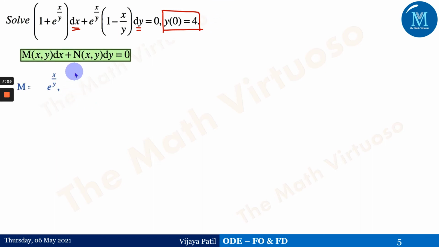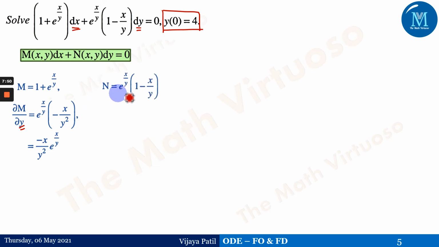So again, comparing with M and N, we get M equals 1 plus e to the power x by y, and therefore dou M upon dou y is e to the power x by y into the differentiation of x by y with respect to y. It is nothing but minus 1 upon y square into x, and therefore it is minus x upon y square into e to the power x by y. Similarly, we have N as e to the power x by y into 1 minus x by y.